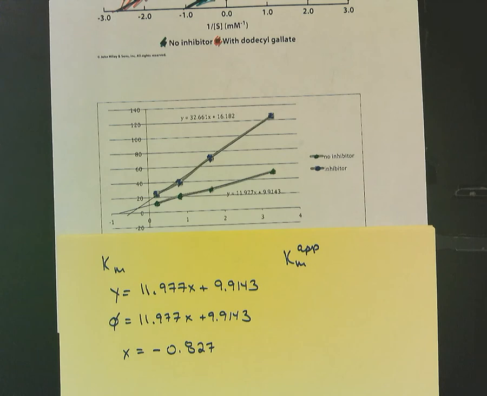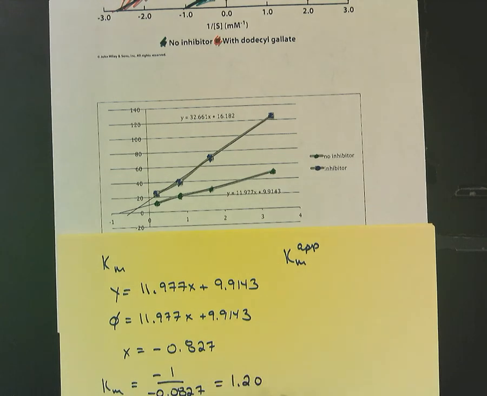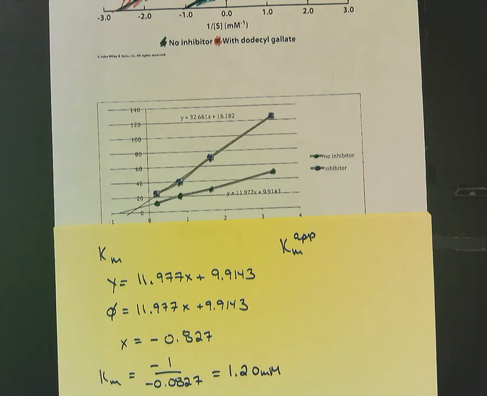Okay, so if that's the x-intercept, what do I need to do to get to the Km value for that? Good thing to know, Km values are always positive. It helps you keep track of your negative signs. Km values are always a positive number. You have to do the negative.